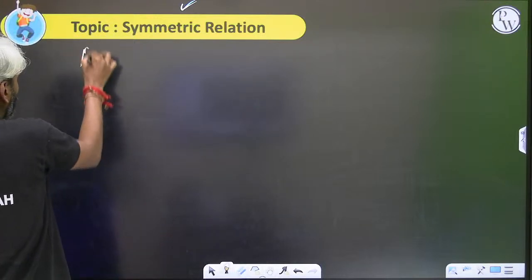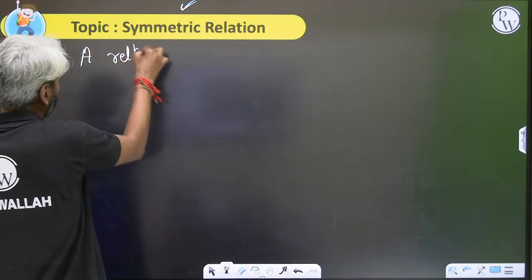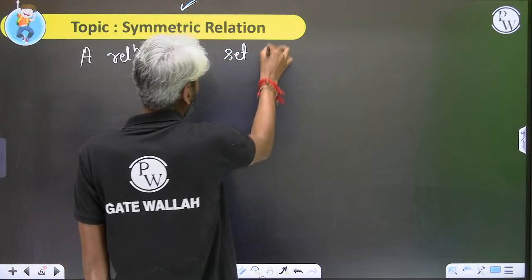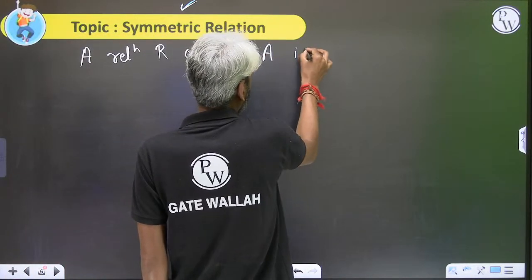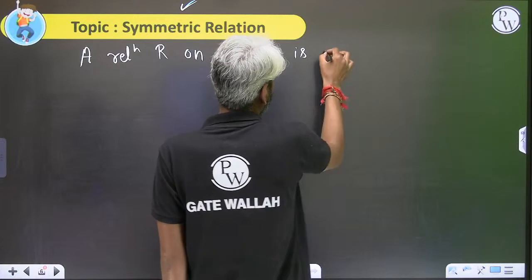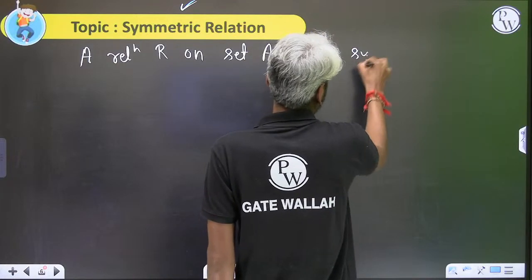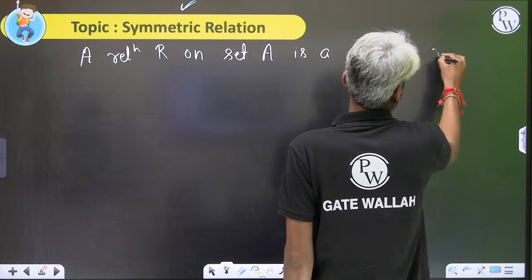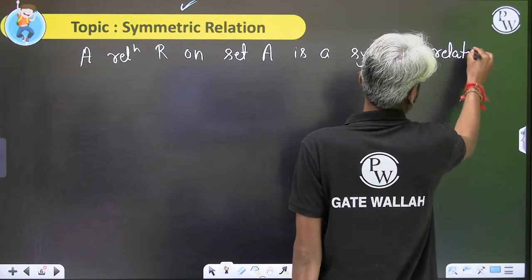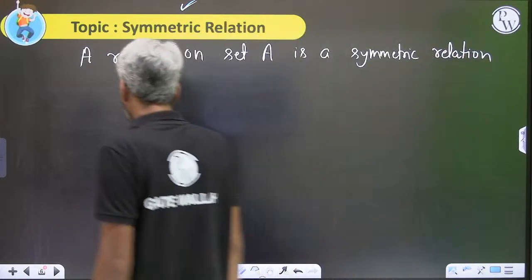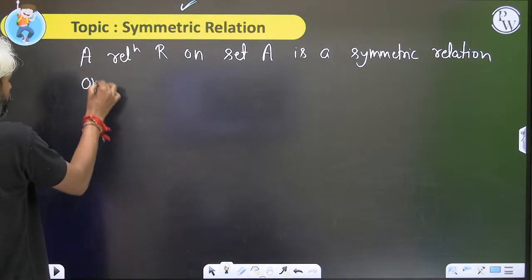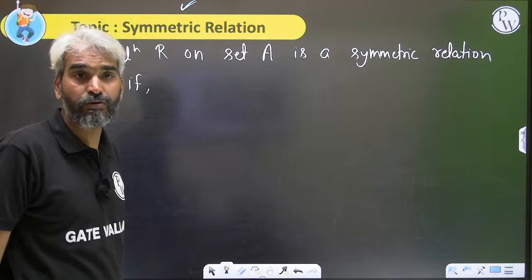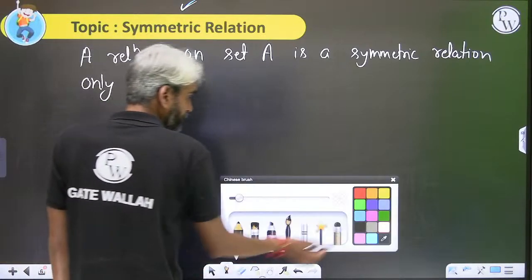A relation R on set A is called a symmetric relation only if a certain condition is satisfied.